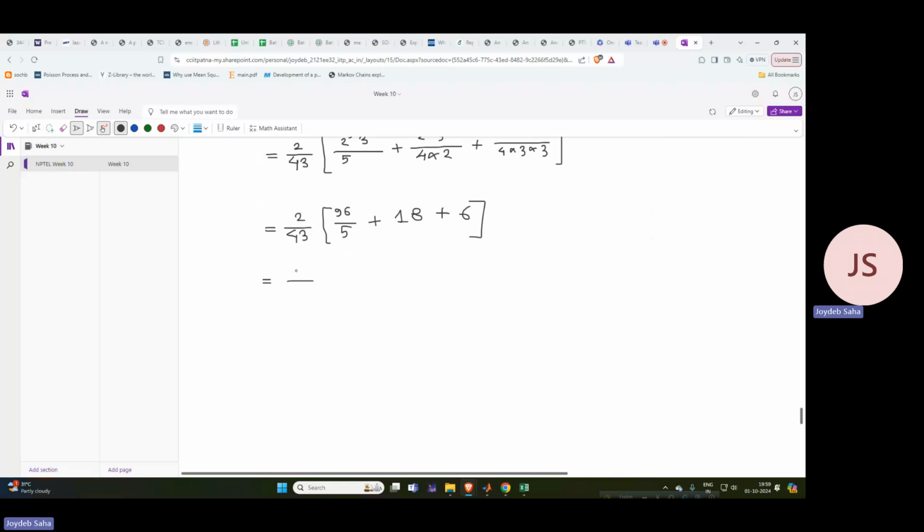This is nothing but 2 upon 43 multiplied with, in denominator it is 5, numerator 18 plus 6, 120 plus 96, 216, right?